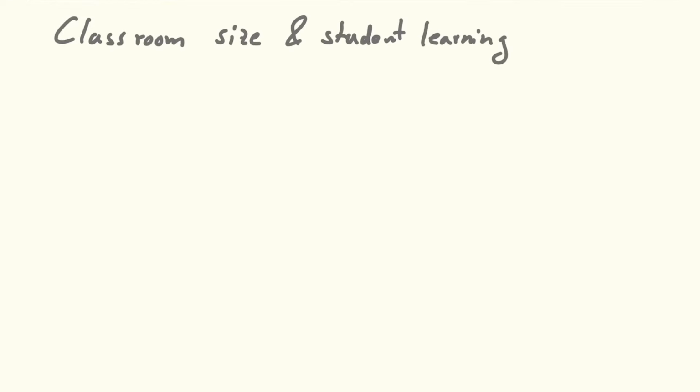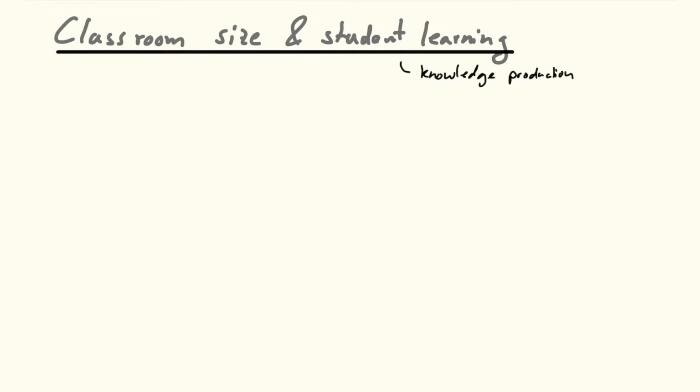To give an example of a causal relationship, consider the effect of classroom size on student learning. Now you may be wondering, why are economists interested in education? Well, we as economists consider education as knowledge production.